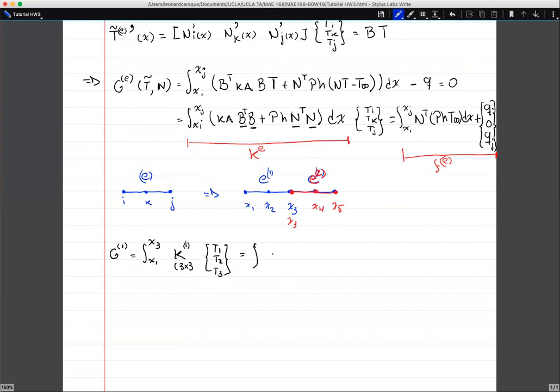And the force vector for the first element contains the boundary conditions for nodes 1 and 3.